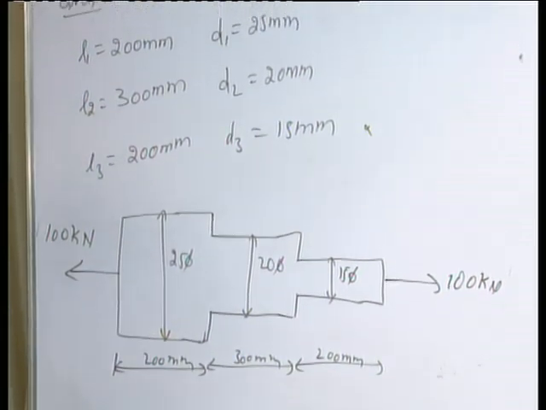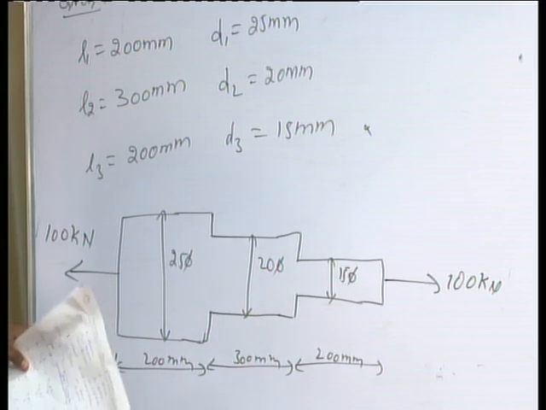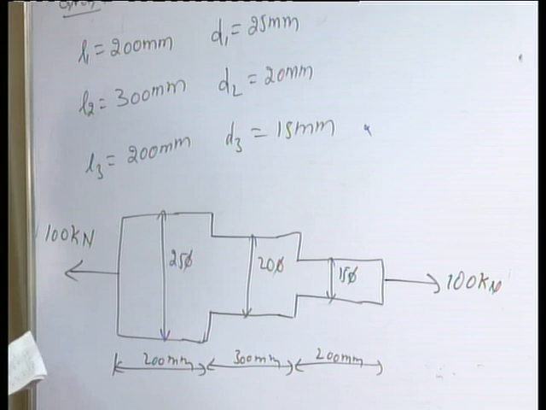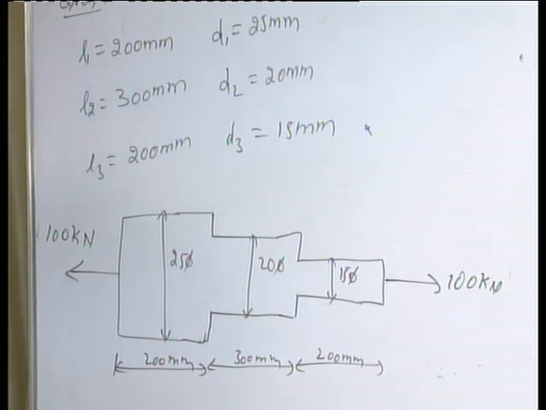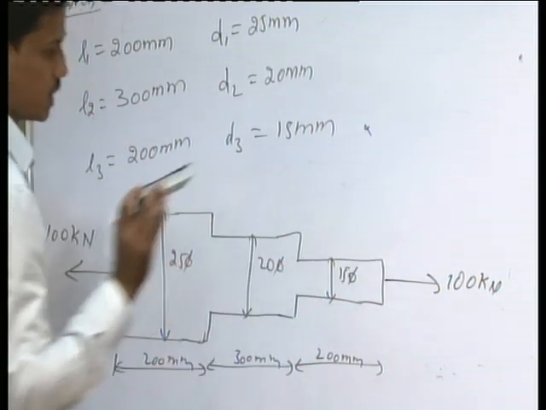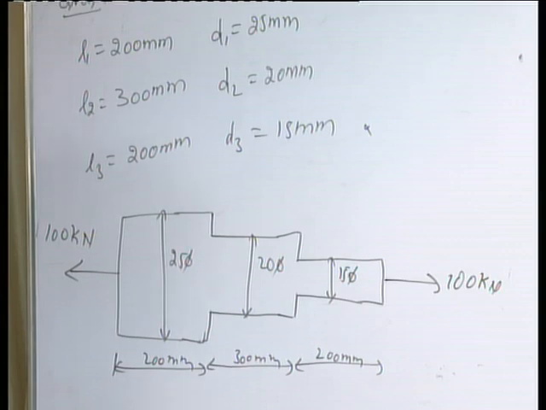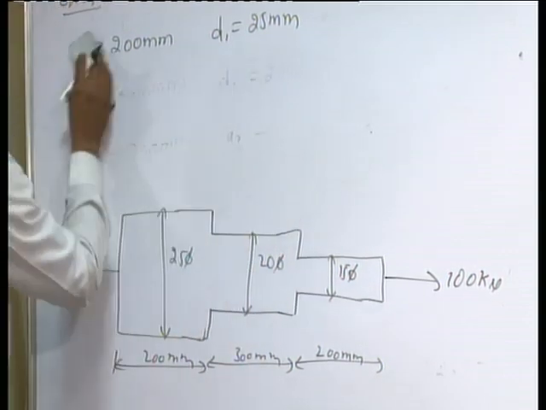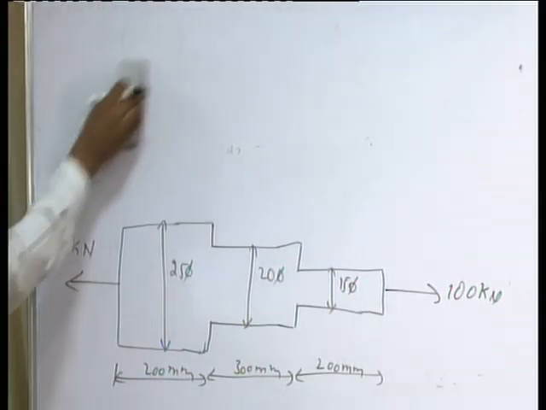So here it is a problem given. We have to draw the sketch by reading the problem. Using the given data we need to find the total change in length due to the applied load in all the cross sections.